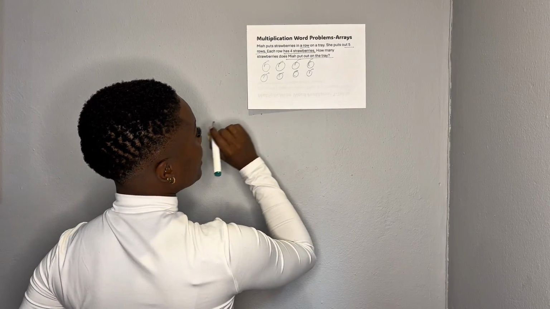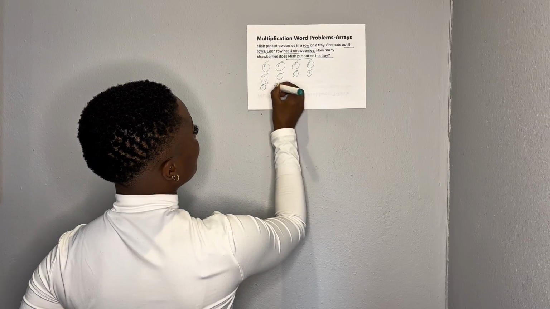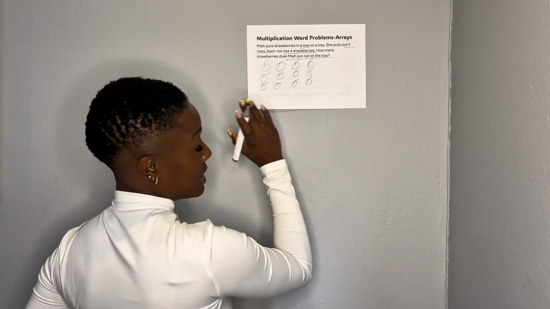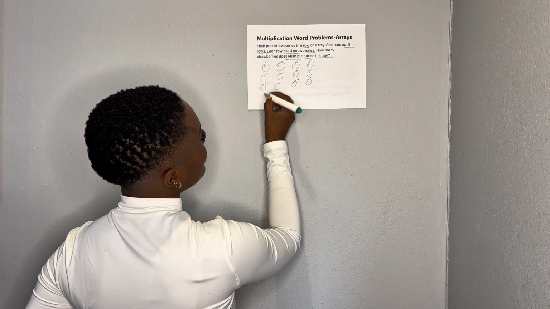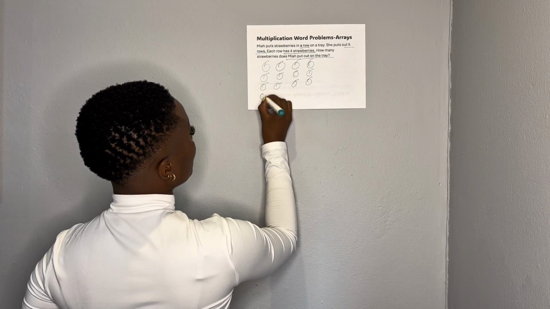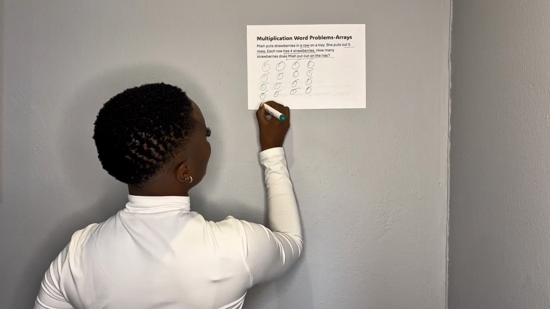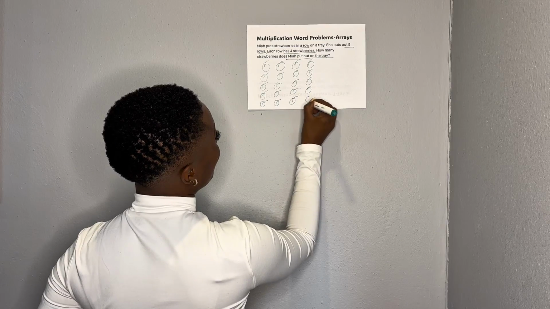These are representing my strawberries. 1, 2, 3, 4, because they said in each row there are 4. And how many rows? 5 rows. 1, 2, 3, 4. 1, 2, 3, 4.